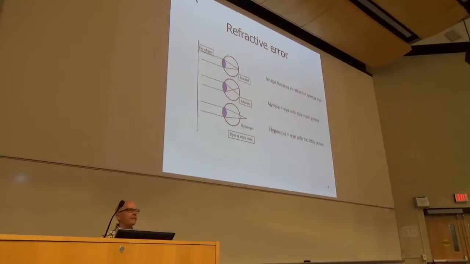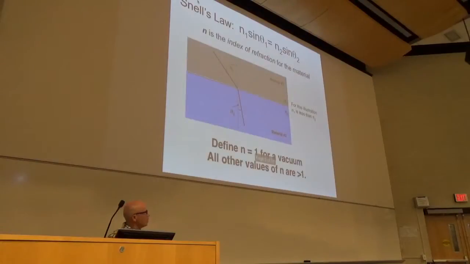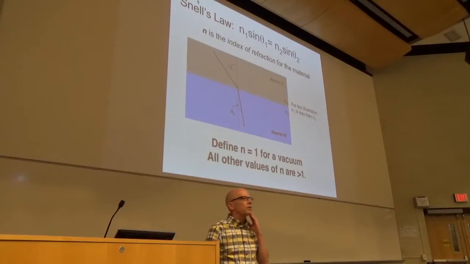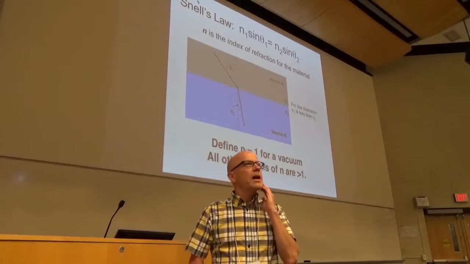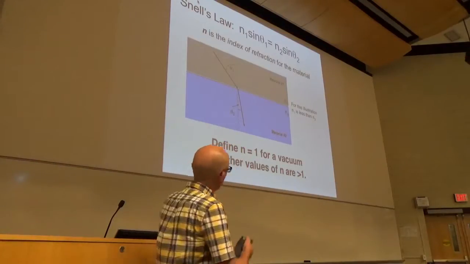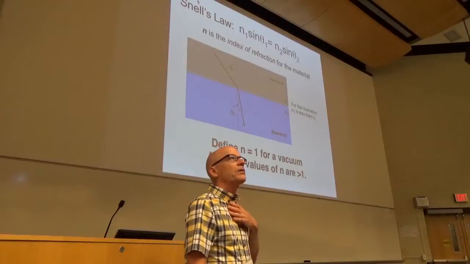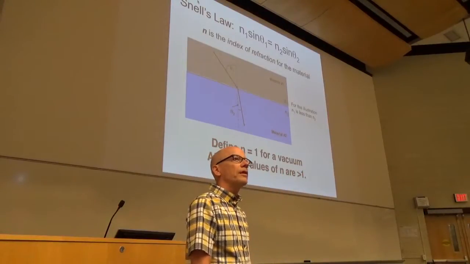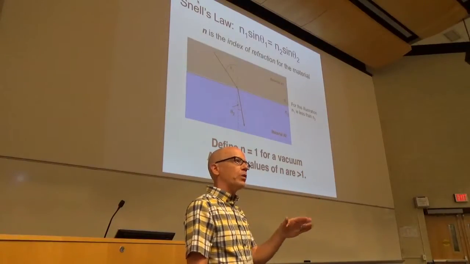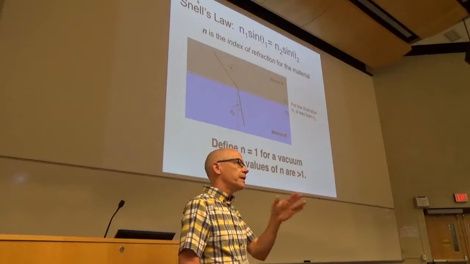So this idea of focusing light leads to Snell's law, which is this nice little trig equation that tells me how light bends when it passes from one medium into another.